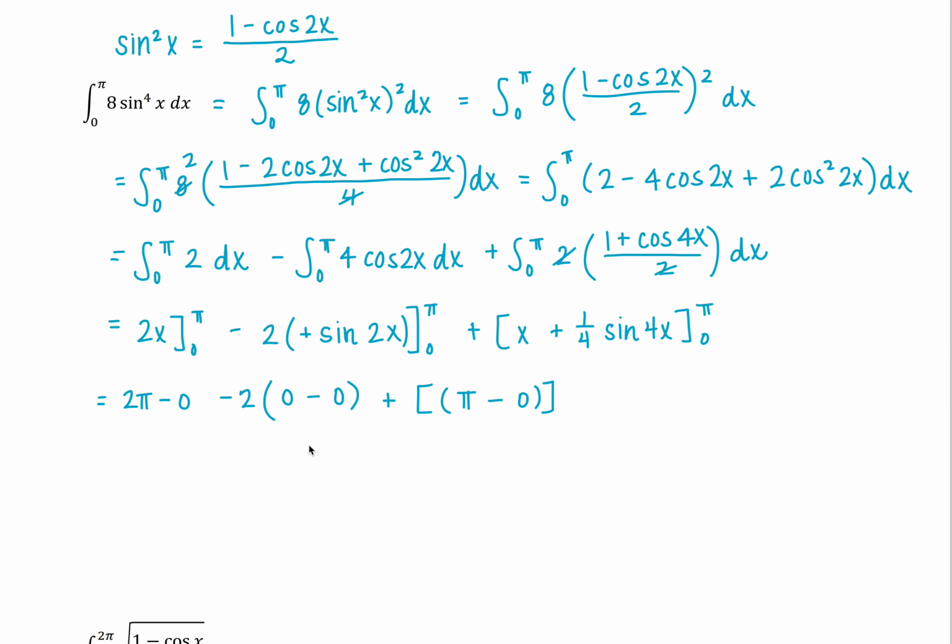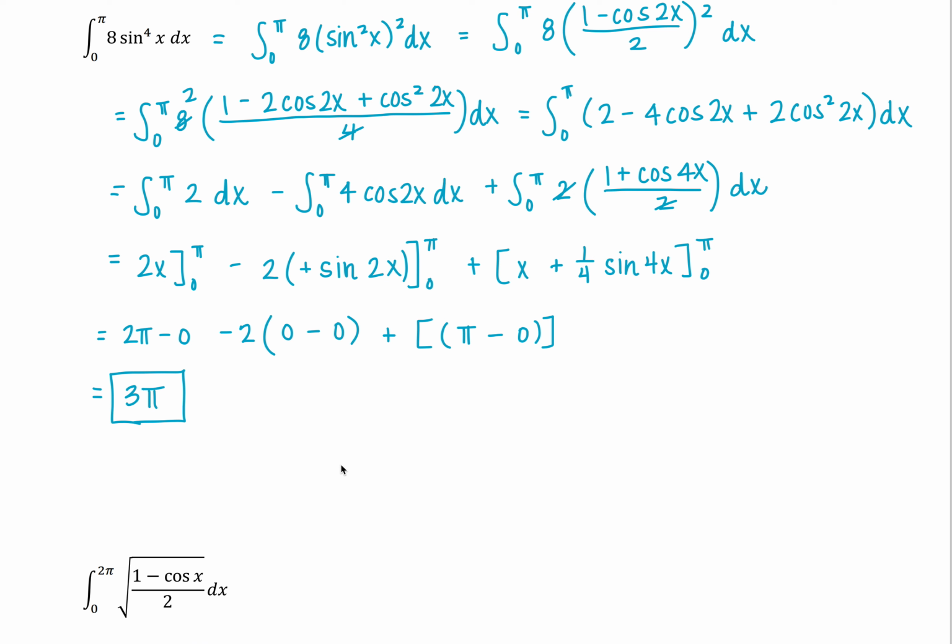So after all of this, what are we left with? We're simply left with 2 pi plus pi. Everything else goes to 0, so we have 3 pi in total. So there we're using the different trig identity with sine squared being equal to 1 minus cosine of 2x over 2, and then we did the same thing with the cosine squared later on.